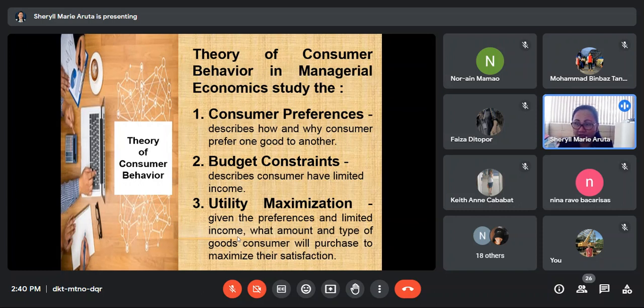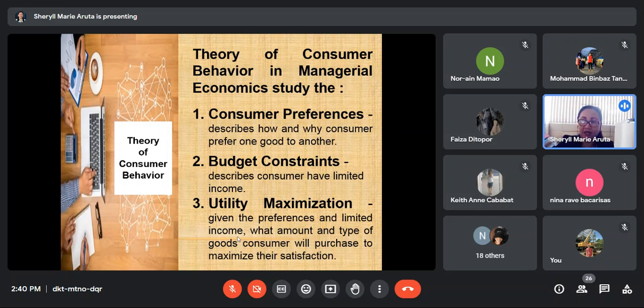And the budget constraint will also dictate the maximum satisfaction that we are going to experience, provided that there is what we call consumer preference with limited income. So kanang 1 ug 2 gi-combine para makuha nato ang utility maximization.